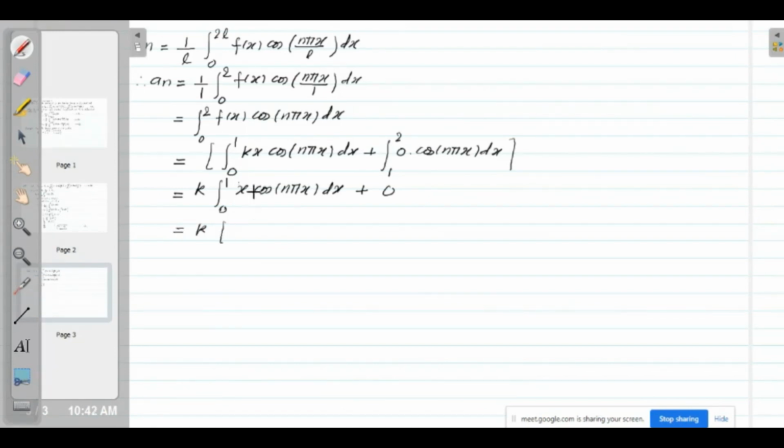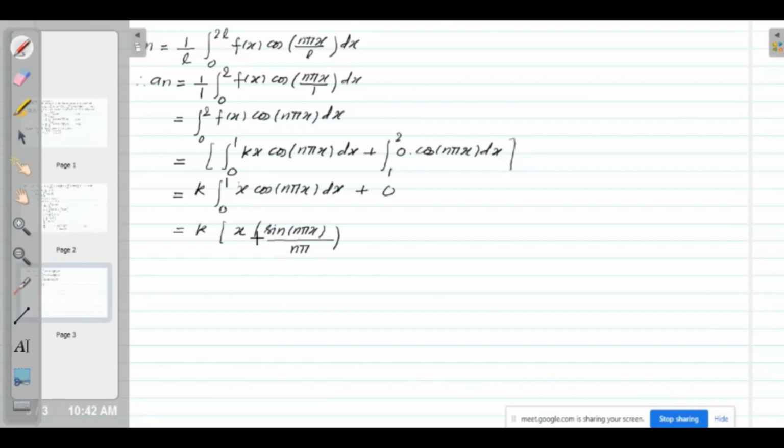Apply generalized integration by parts. This is u, this is v. So u is x, and the integration of v, that is cos n pi x, is sine n pi x divided by its coefficient n pi.